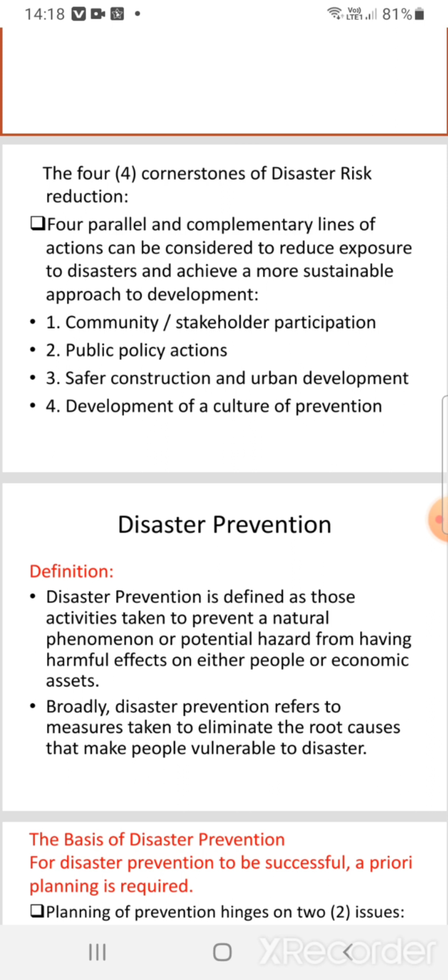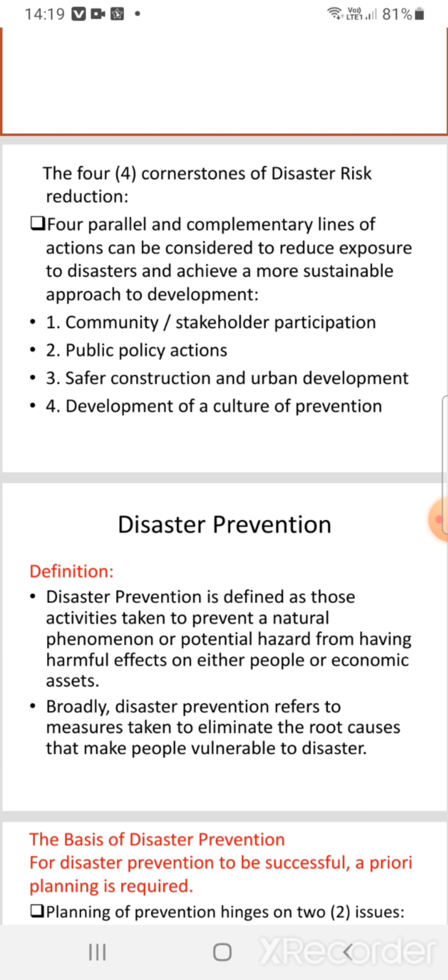Next, public policy actions. These are the policies and actions to be implemented by the public at the outbreak of a particular event, or before or nearing an event.